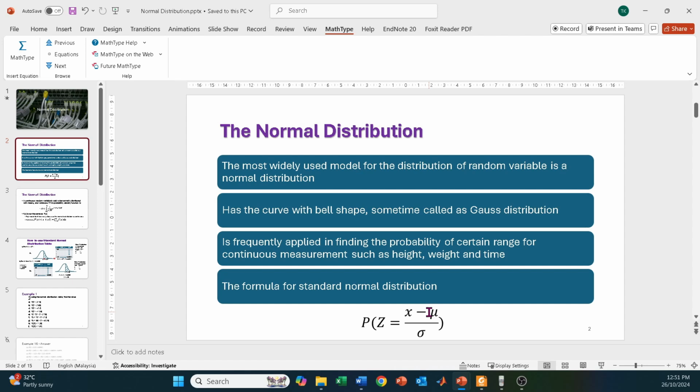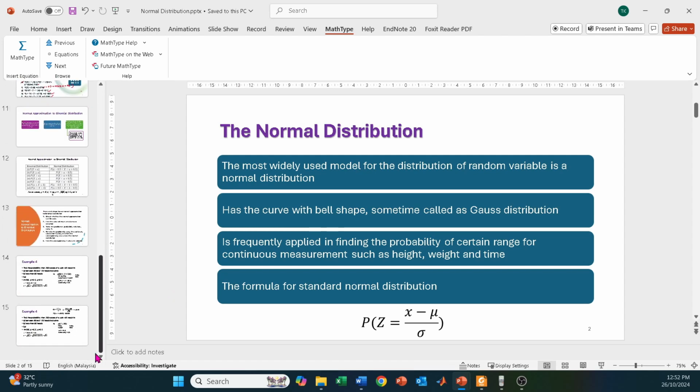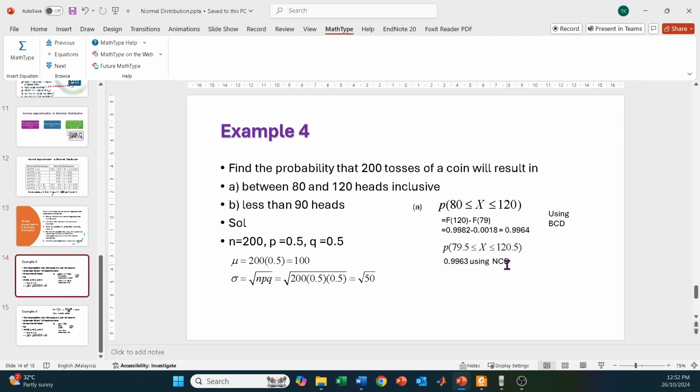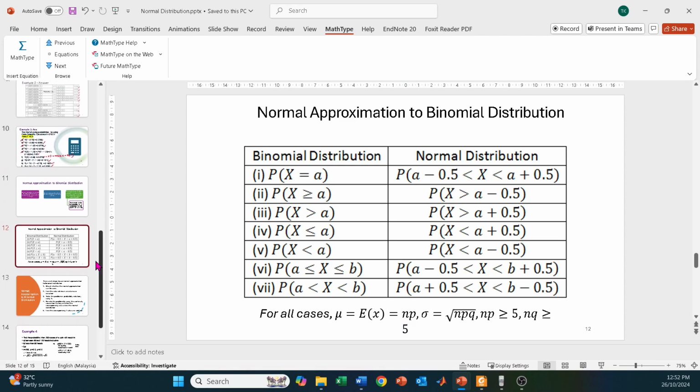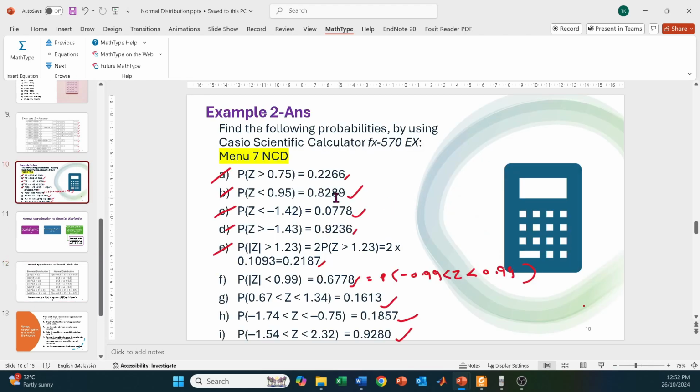When n is very big, with n times P greater than 5 and n times Q greater than 5, the binomial distribution can be approximated using the normal distribution, with some conditions given in the table here.